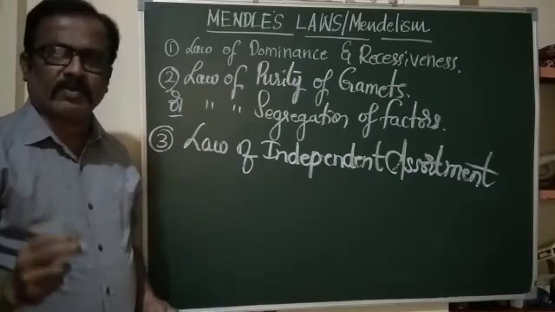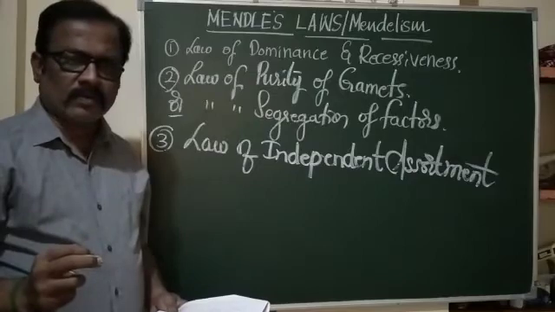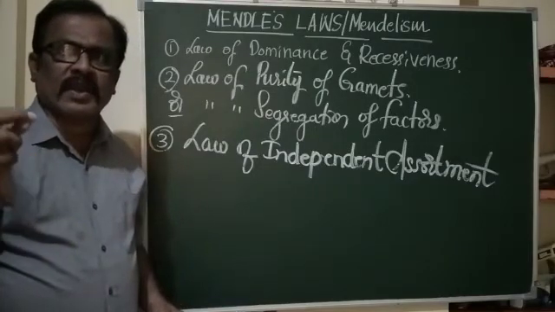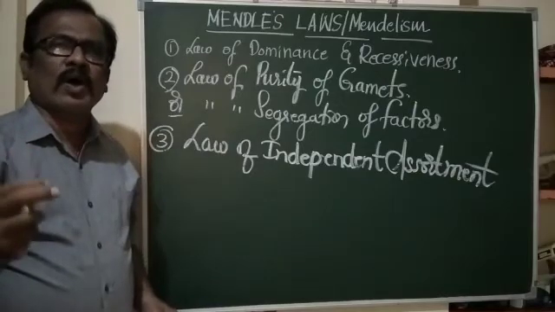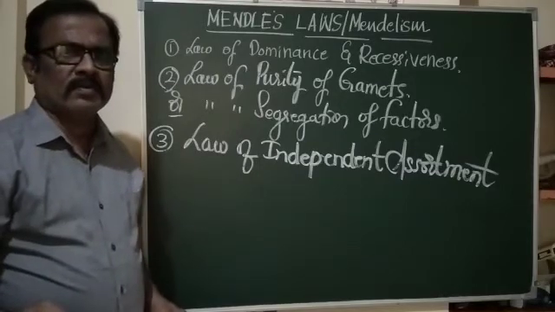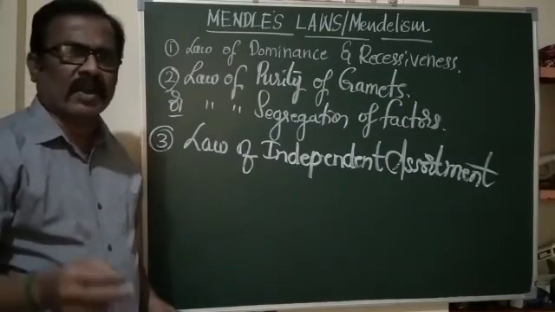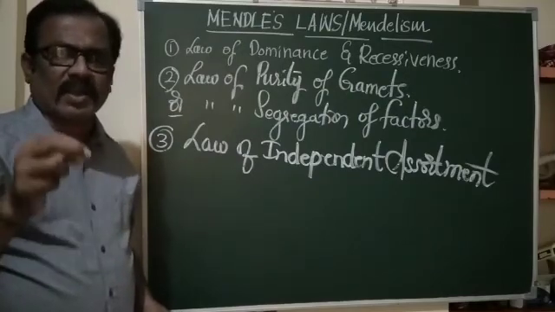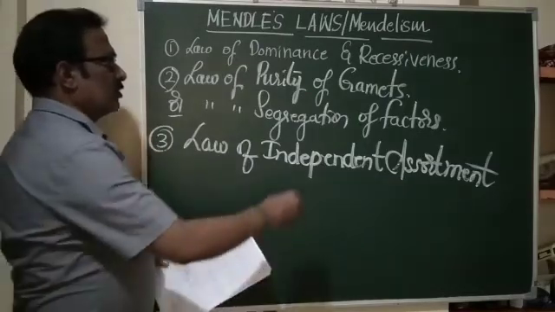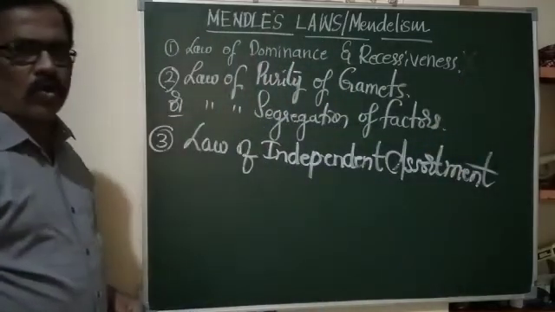I will repeat the statement. It states that when two homozygous individuals with one or more sets of contrasting characters were crossed, the character which is appeared in F1 is dominant and the character which is not appeared in F1 is recessive. Actually, this is not considered as a law.